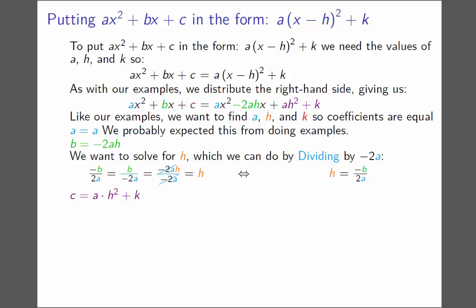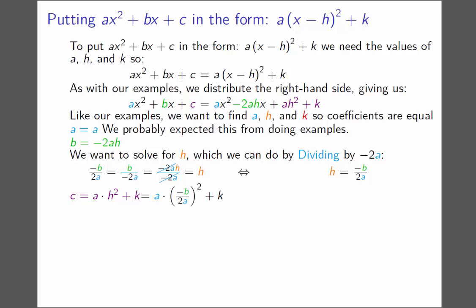Now for any polynomial ax squared plus bx plus c, we can find h as negative b over 2a without doing these steps over and over again. Now plugging in what we just found for h, we get that c is a times h squared, which is negative b over 2a squared, plus k, which is a times negative b over 2a times negative b over 2a plus k, since that's what it means to square something.